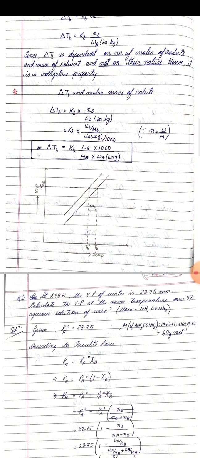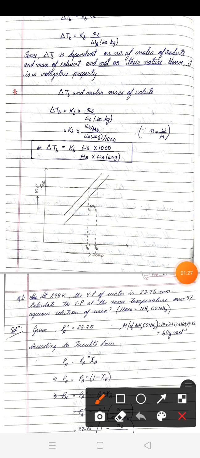Now let us find the relationship with molar mass of the solute. Now the same thing we do. We replace this Nb by Wb by Mb, because N is equal to W by M. Then Wa we take it in grams, and to convert it to kg we divide by 1000, and when we rearrange the whole thing, we find delta TB equal to Kb Wb by Mb into Wa in grams.